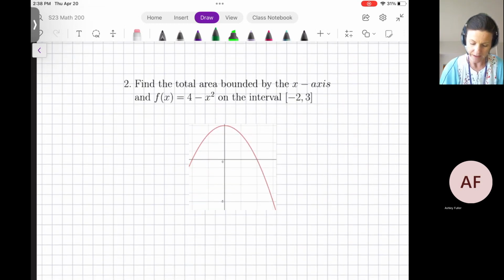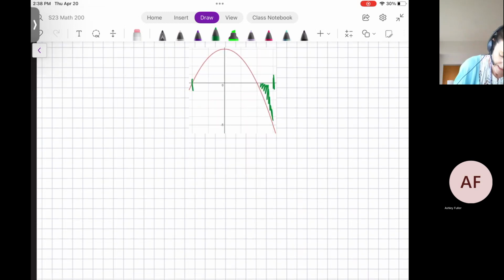So let's consider something like this. If we want to find the total area bounded by 4 minus x squared on the interval from -2 to 3, notice this portion is negative. We can therefore break the integral into two parts and take the integral of 4 minus x squared from -2 to 2.